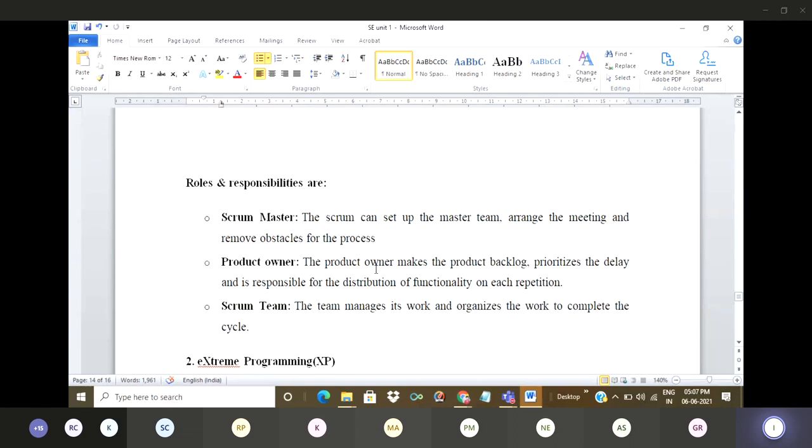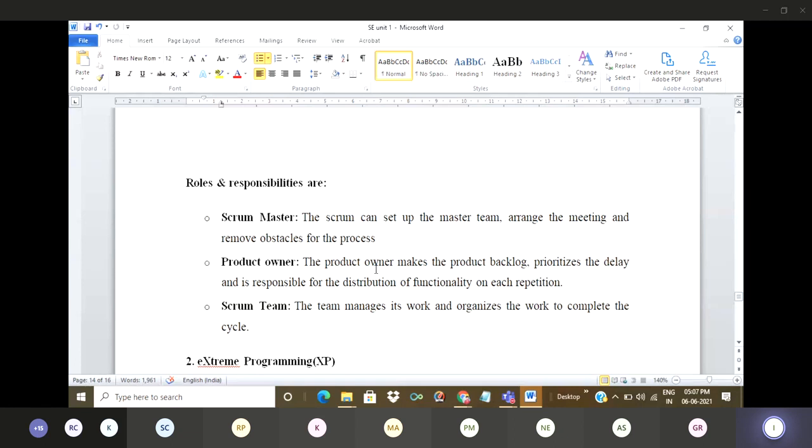Third principle is deliver working software frequently, from a couple of weeks to a couple of months, with a preference to the shorter time scale. Fourth principle is business people and developers must work together daily throughout the project.